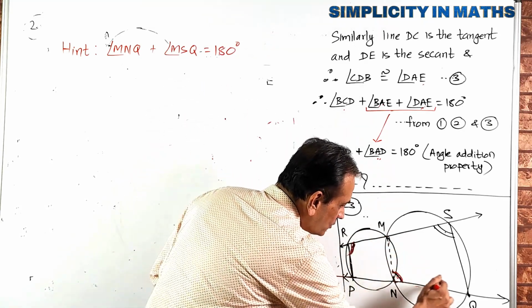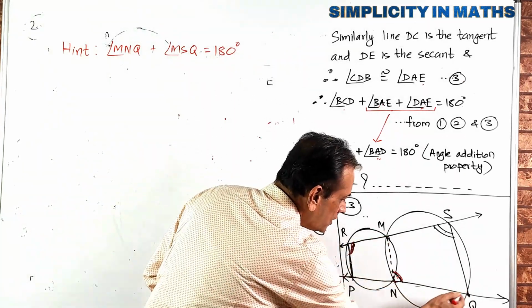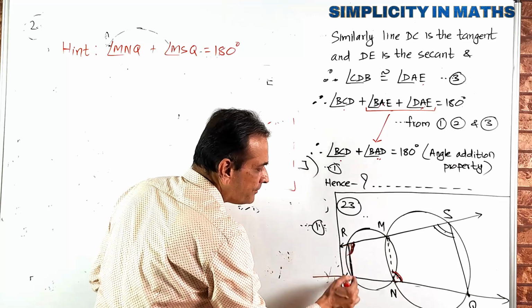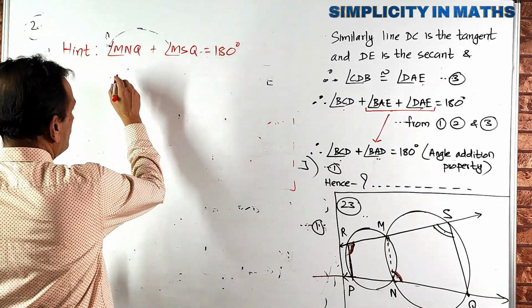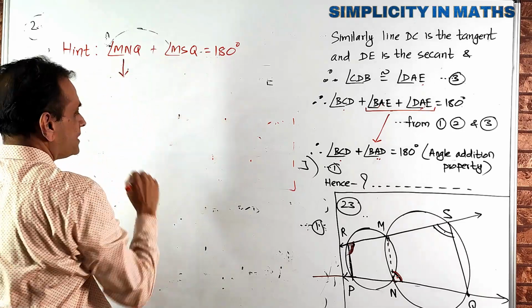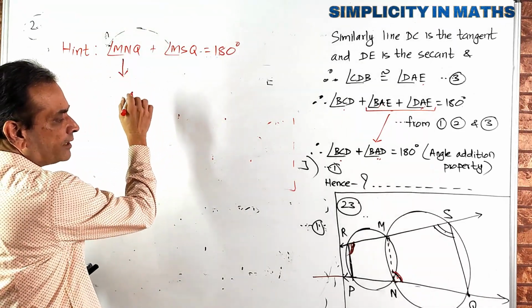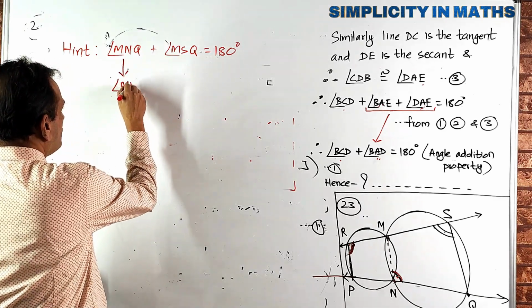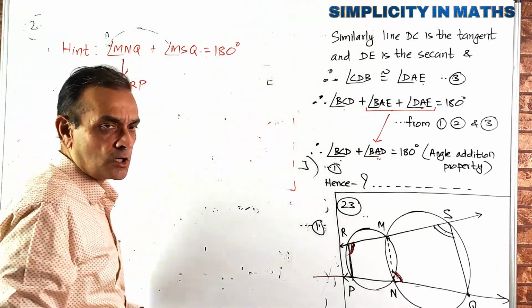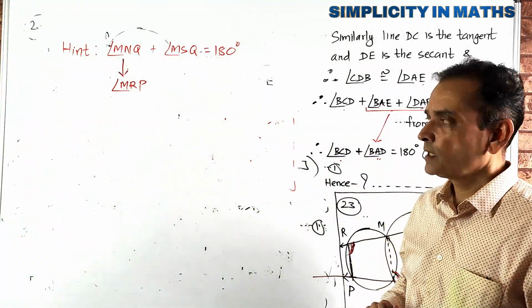So angle MNQ congruent to angle MRP. हिंट में congruent यानी सिर्फ एरो दिखा के, angle MNQ congruent to angle MRP. That's all. My proof will be ready in 4 to 5 steps.